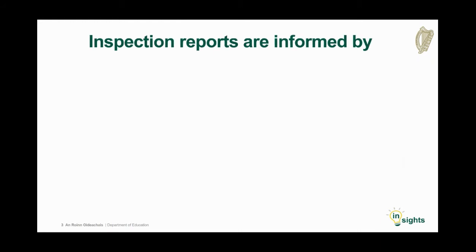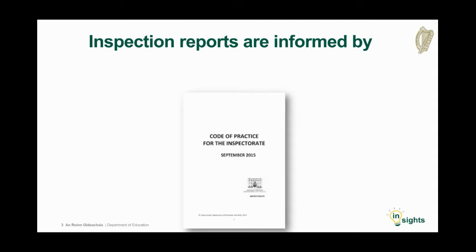As education inspectors, our evaluation judgments and reporting are guided by the principles outlined in the Department of Education's Code of Practice for the Inspectorate. This code provides guidance on forming and maintaining professional relationships with early learning and care settings and on the standards that apply to inspectorates' evaluation, procedures and reporting.